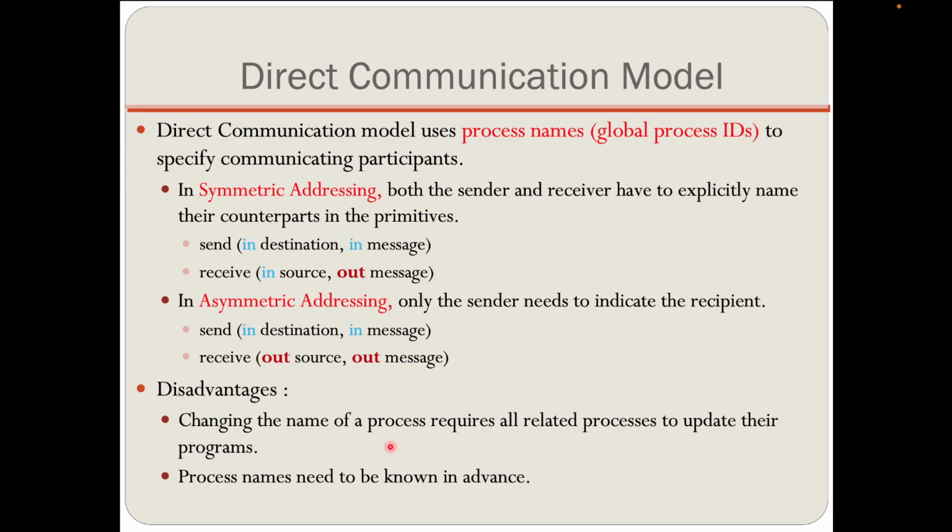Also, the sender at least needs to know the address of the receiver in advance. Otherwise, the communication system will not be able to deliver the message. So that's the major disadvantage of this communication model.